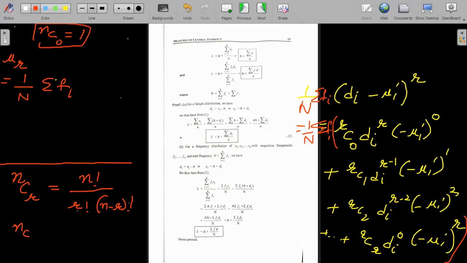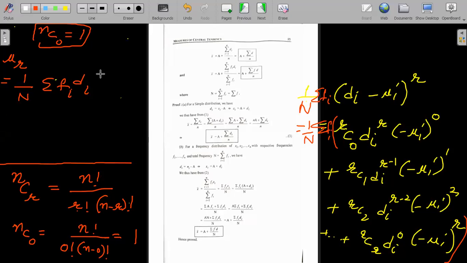So if I ask you what is nC0, then n factorial, r factorial, here r is 0, so 0 factorial and n minus 0 factorial. If you see, 0 factorial is 1, above also n factorial, below also n factorial, so how much does it become? 1.